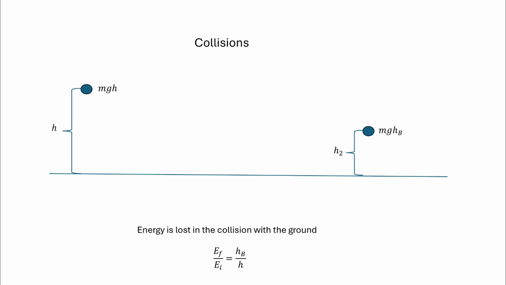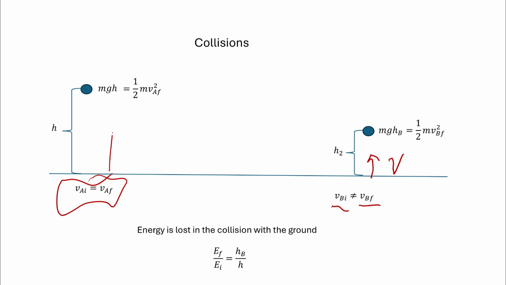In other words, this ball didn't go as high, so it doesn't have as much energy. But another way to look at it is that the ball must have left the ground with less velocity. In other words, after it collided with the ground, it didn't have the same amount of velocity it had before it hit the ground. And in the case where it returns to h, it must have had the same amount of velocity, because it wouldn't have been able to get back up to h if it didn't.